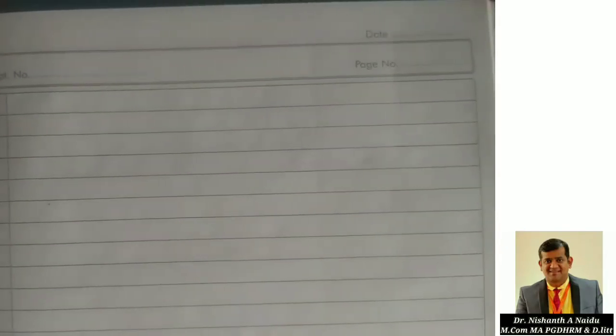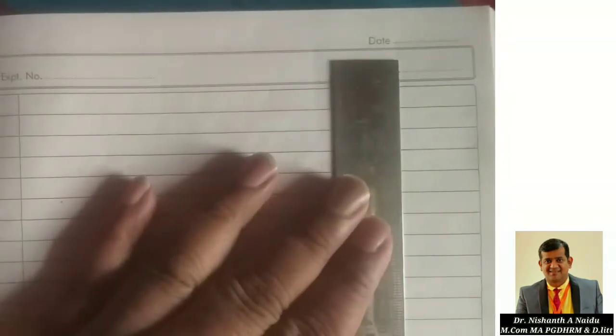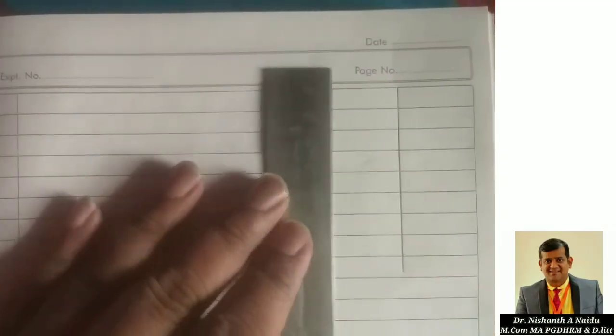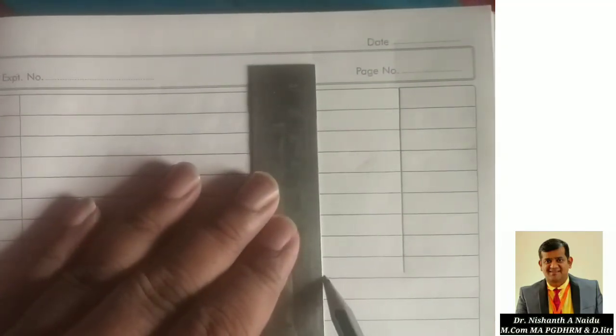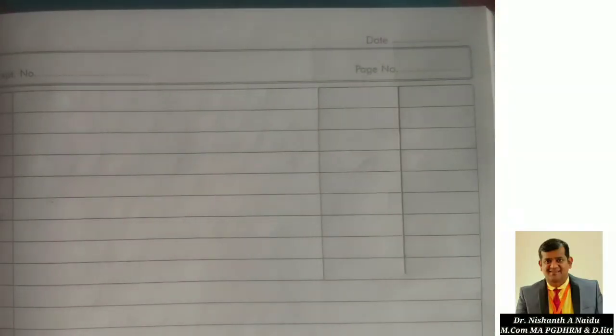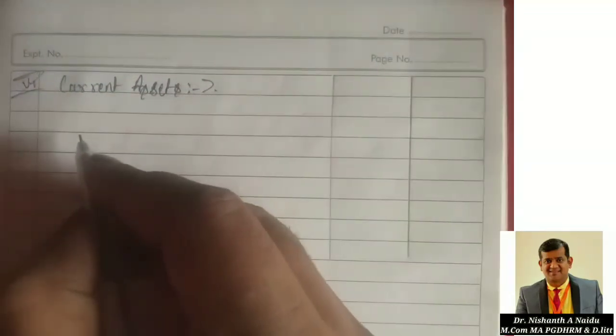Okay. So next we have to go for current assets. Under that, let us take one by one.